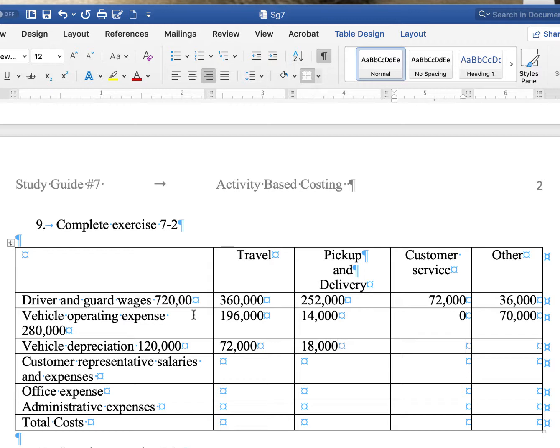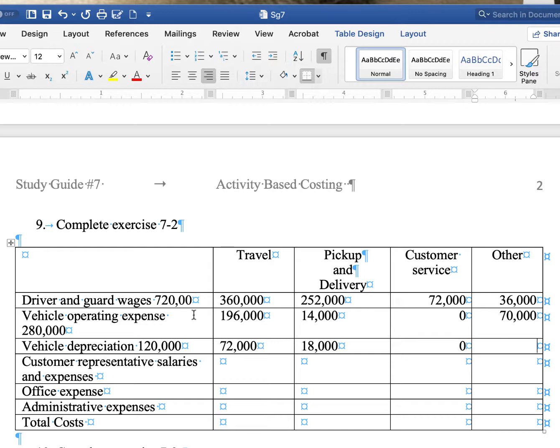So again, what we're saying here is by doing pickup and delivery, we're consuming 15%, or $18,000, of vehicle depreciation. Customer service, 0, right? The activity cost pool of customer service does not consume any vehicle depreciation.